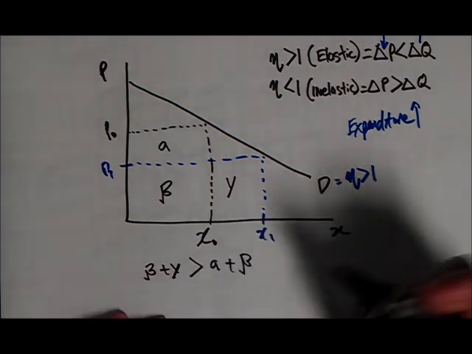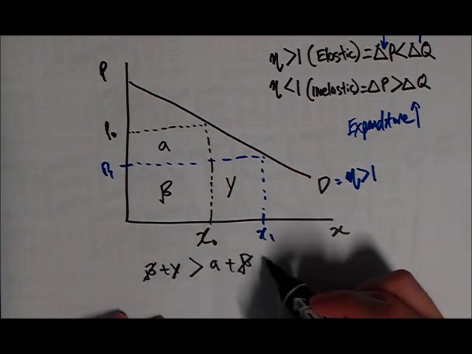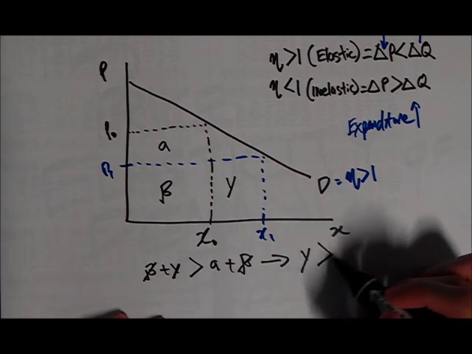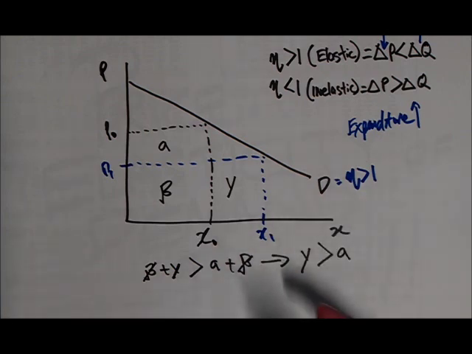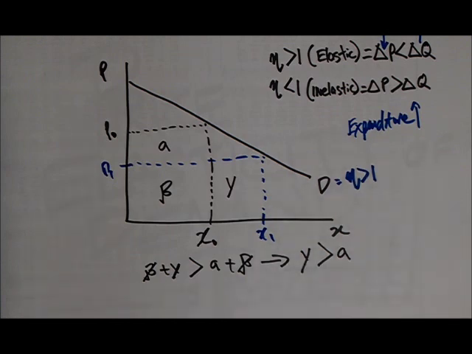These two things are the same, so we can just cancel them out. So now our main argument is, is Yankee larger than alpha? If Yankee is larger than alpha, we are very sure that our expenditure has increased.